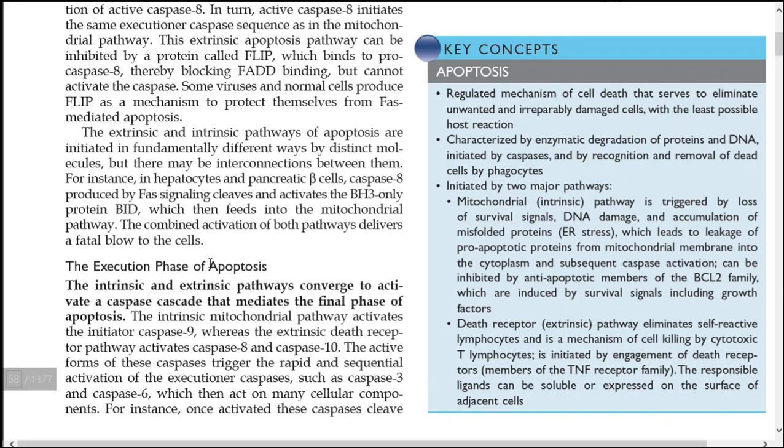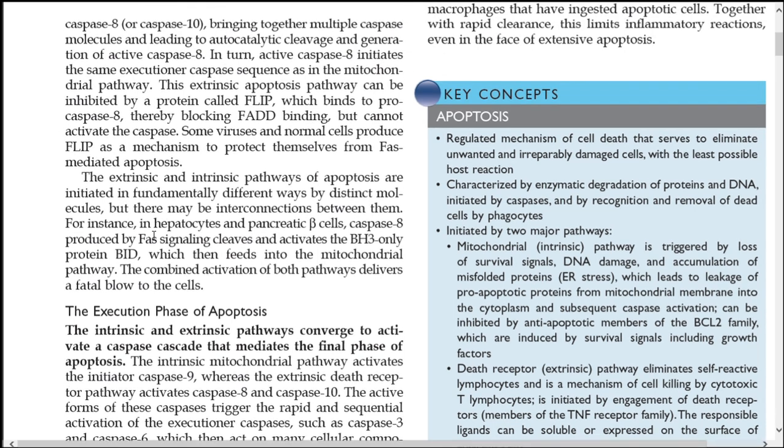See here, extrinsic and intrinsic pathways of apoptosis are initiated in fundamentally different ways by distinct molecules, but there may be interconnections between these two pathways. See, in hepatocytes and pancreatic beta cells, caspase 8 produced by FAS signaling cleaves and activates the BH3 only protein BID, which then feeds into the mitochondrial pathway. Okay, so there is a link between extrinsic and intrinsic pathways.